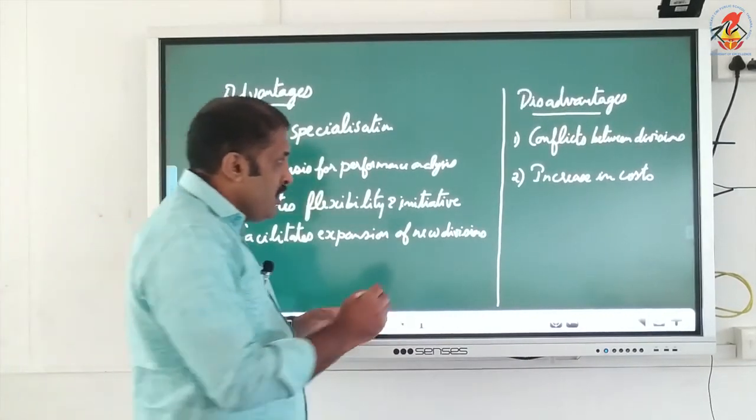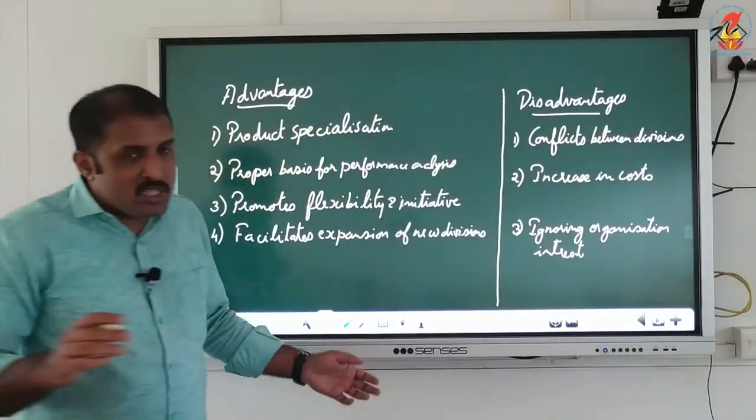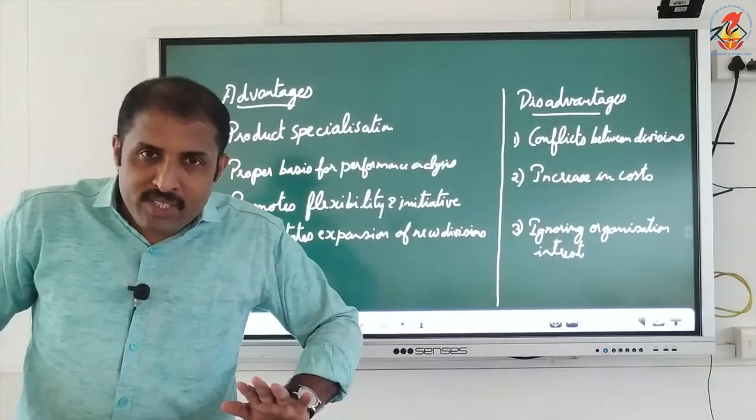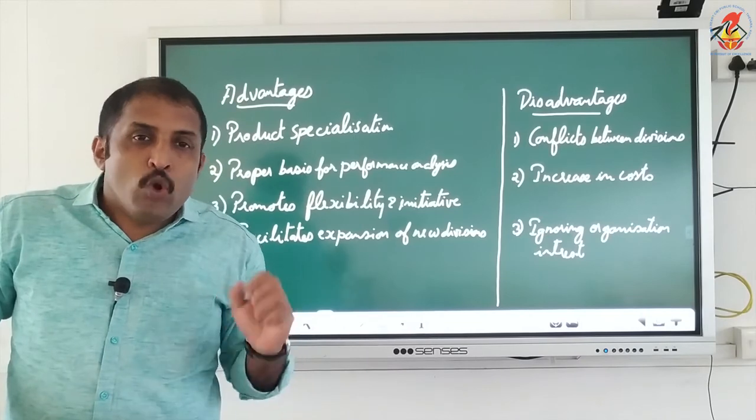Again, third one is what we have learned almost in functional structure, that is ignoring organization interest. Many a times what happens is that, as I have said, each division is considered as an autonomous unit.